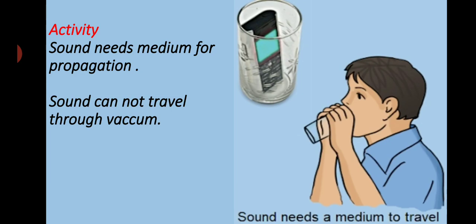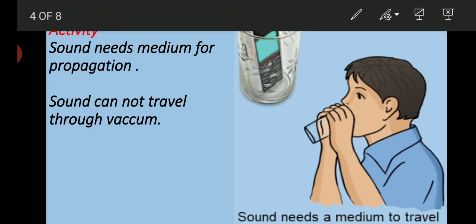For this activity we need a glass, and we place a small cell phone inside it and make it ring. When the cell phone rings inside the glass, we can hear the sound from the cell phone outside also. But when the air inside the glass is reduced, which can be done by sucking the air out with our mouth, the loudness of the sound, or the amplitude of the sound, will decrease.